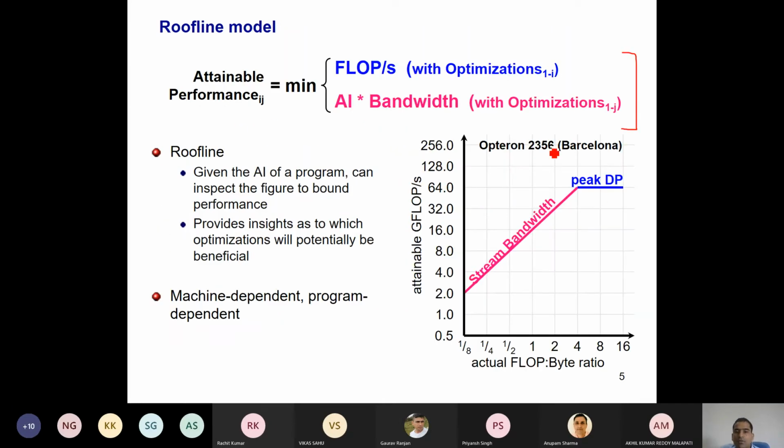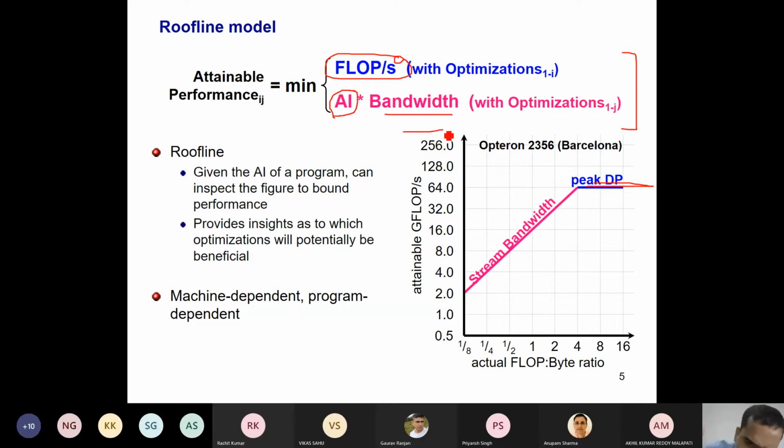Now remember one more thing: AI here is not artificial intelligence. AI is arithmetic intensity. The attainable performance on a particular system is the minimum of your maximum computation performance and AI, which is your application's arithmetic intensity, multiplied by the memory bandwidth.